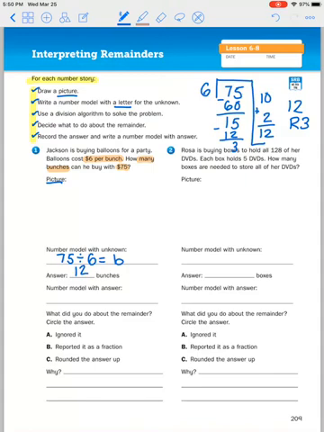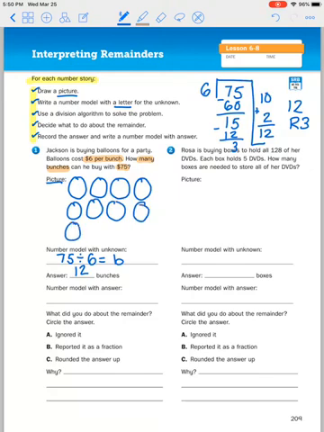Now, you can also do that in a picture. You can draw 12 circles and I would label them $6 because each bunch costs $6.